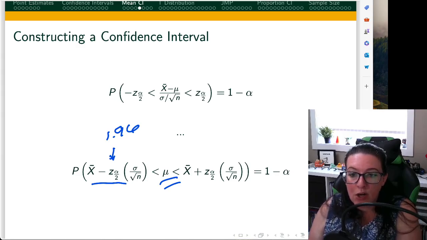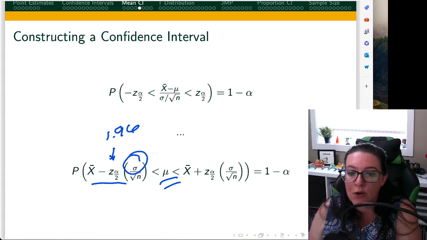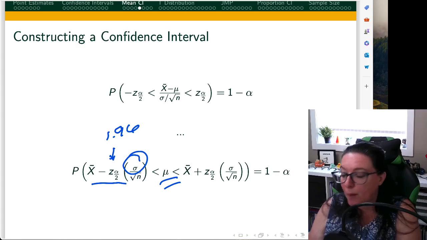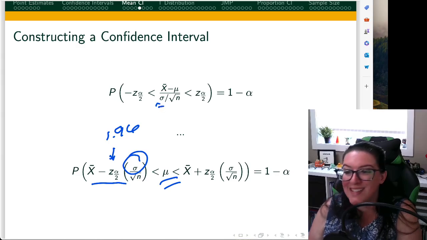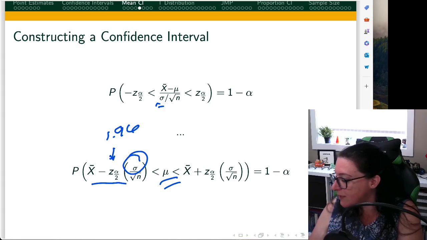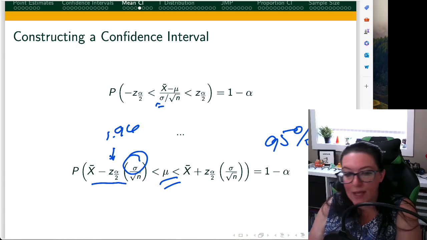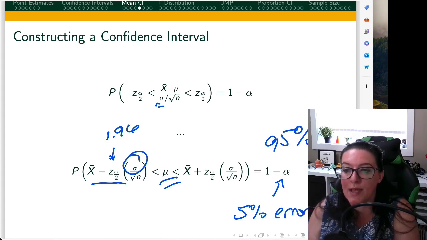In this particular confidence interval, remember we said that we know the standard deviation of the population. So we're able to use this formula with sigma in it because we assume we already know something about the population of interest. And 1 minus alpha in this case is 95%, which means that we are willing to accept an error of 5%.